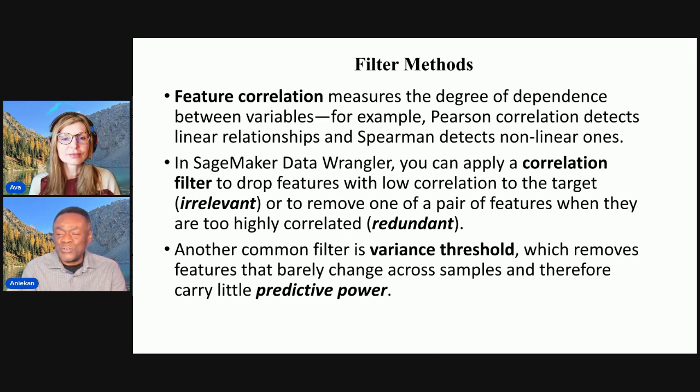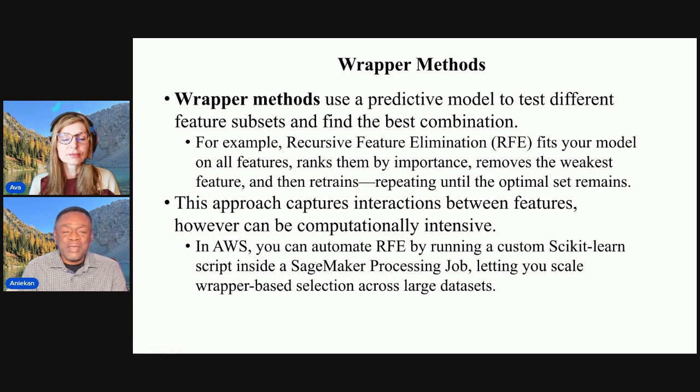The other method that we can point to is what's called the wrapper method. The wrapper method is where we use a predictive model to test different feature sets. Right, and this is like running repeated model experiments to find the best group of features for your model. And one popular technique is called RFE, recursive feature elimination.